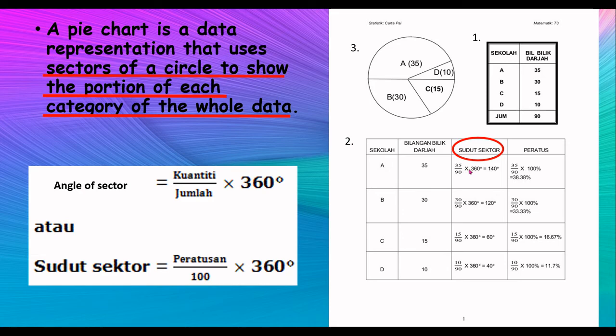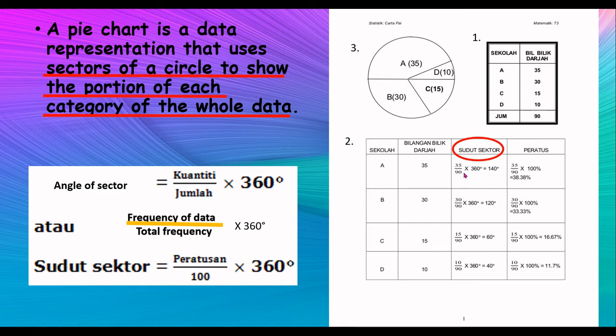You can see the calculation here: we take the frequency of the data over the total frequency, times 360. 360 degrees here because I want to calculate my angle. So you can see school A has 35 classrooms over the total frequency, jumlah kekerapan, which is 90.